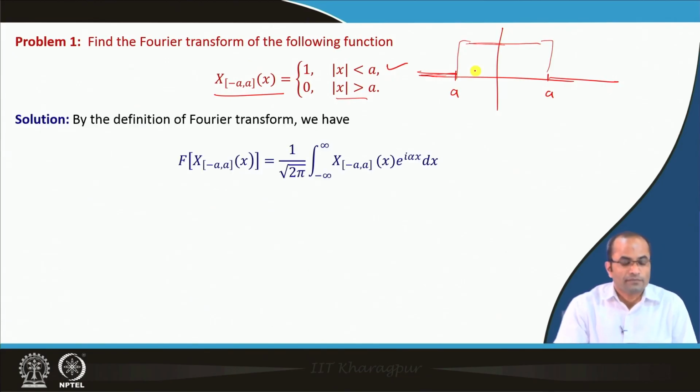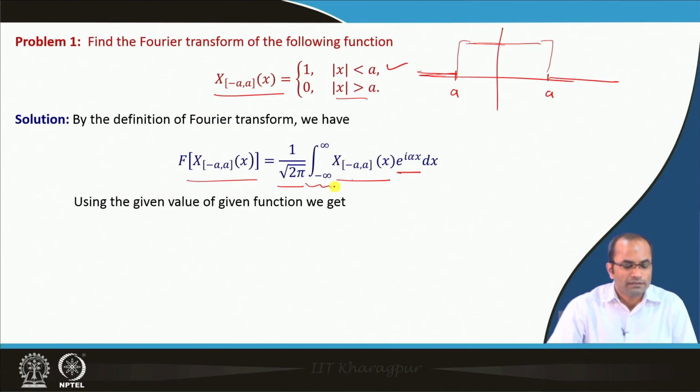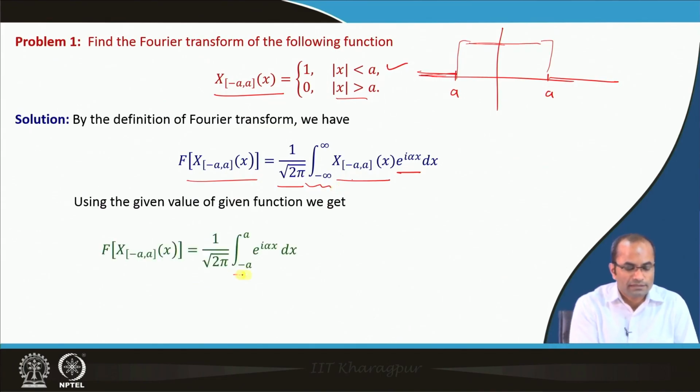With the definition of the Fourier transform we can apply to this function 1 over square root 2 pi and e power I alpha x. Since this function is defined only between minus a and a, the integral simplifies to minus a to a, and the function value in this region is 1.